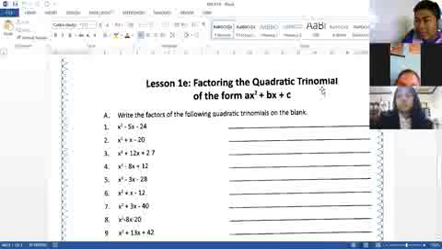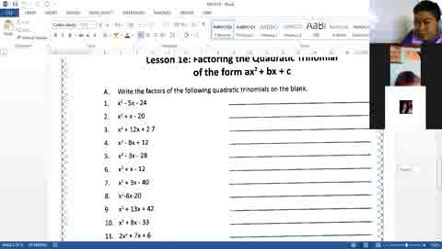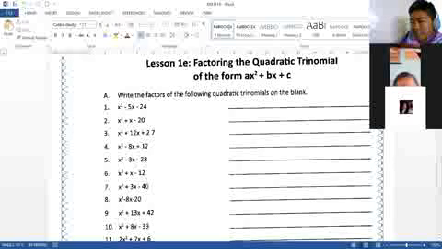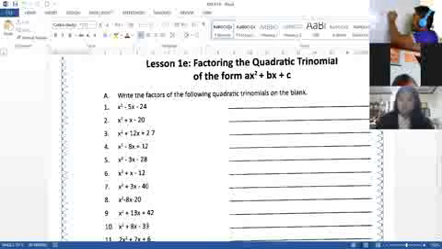Ayan, so factoring the quadratic trinomial of the form ax squared plus bx plus c. We have here x squared minus 5x minus 24.